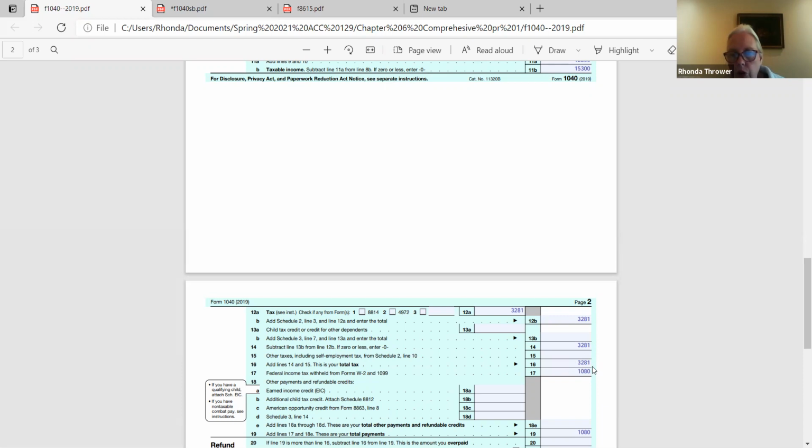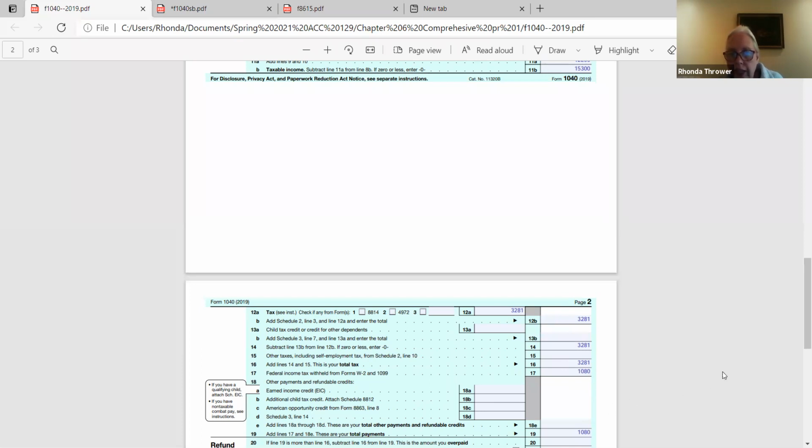3281 and zeros, 3281. And then your federal income tax, this 1,080 comes from the W-2 form that's listed in your textbook for this problem. And actually they told you the amount was 1,080. It's given in your problem. So he contributed 1,080 to federal income taxes already, but he owed a total amount of 3281.